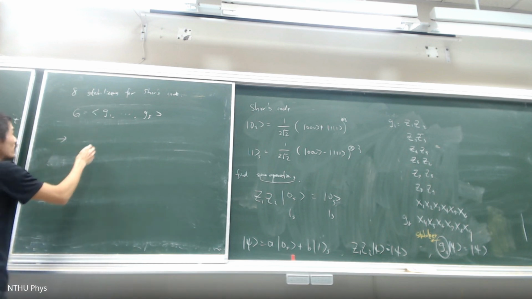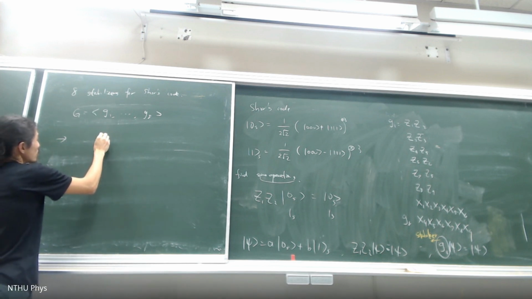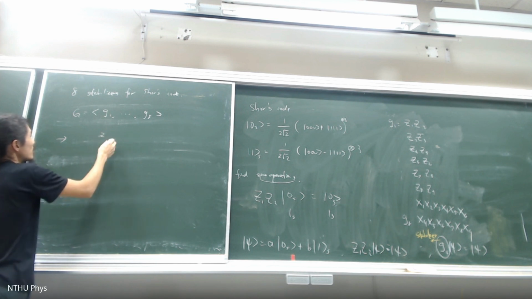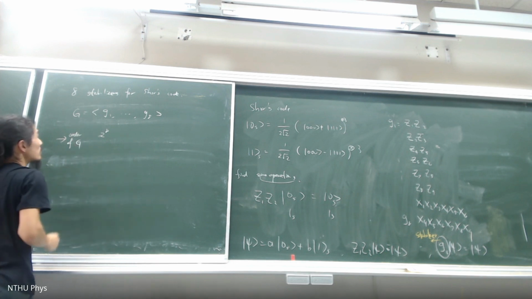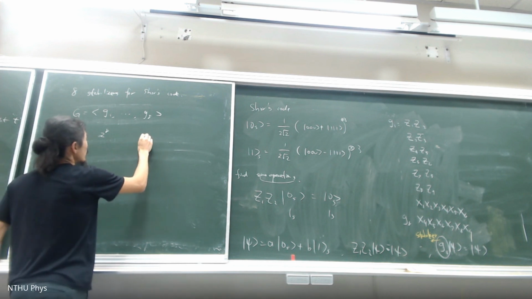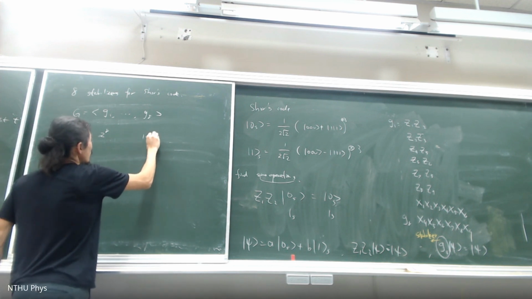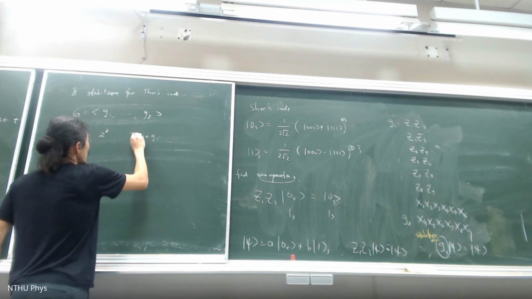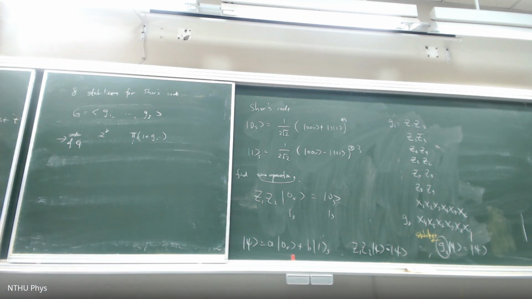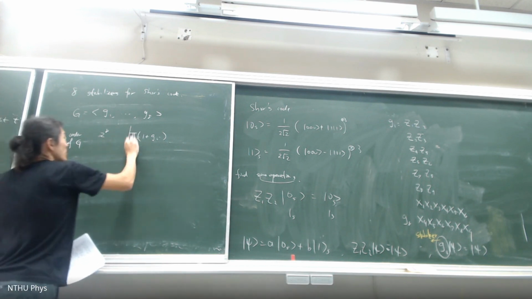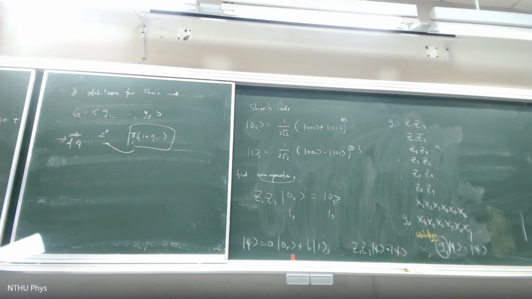So this is equivalent to 2 to the power 8, because you can generate arbitrary group elements from this product, which gives you 2 to the power 8 different elements.